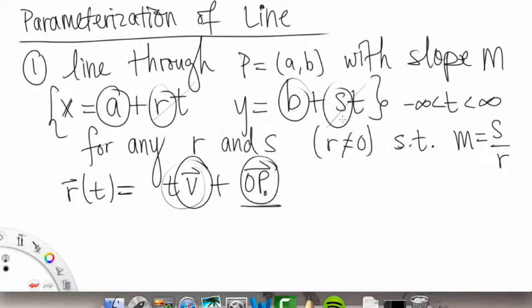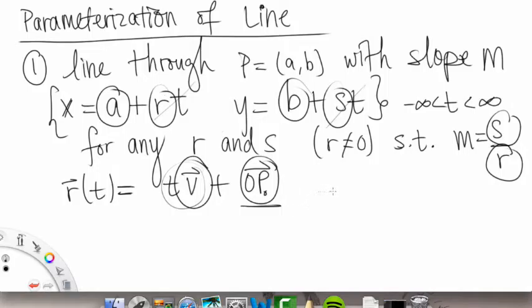So s is kind of like our slope for the y, that's our rise, and r is our run, how much you're changing the x based on t. So the overall slope m of our line is going to be s, rise, over r, run. Okay, so that's the first way to parameterize a line.